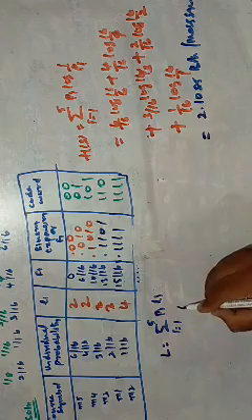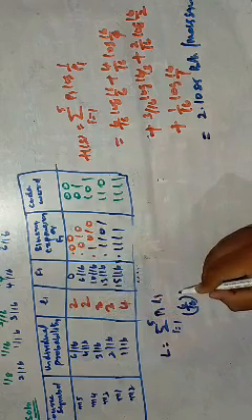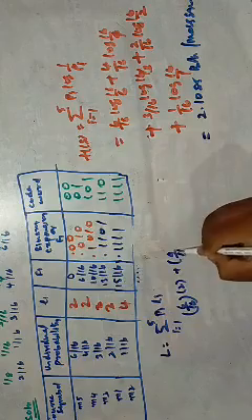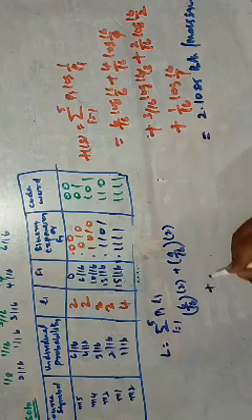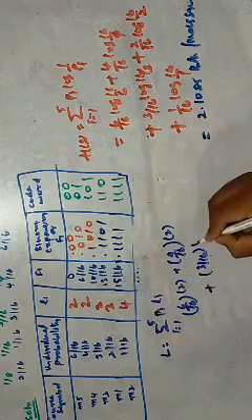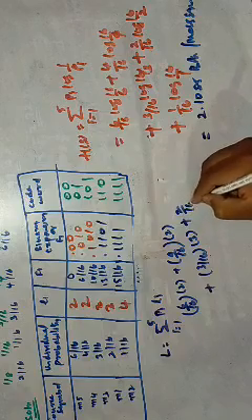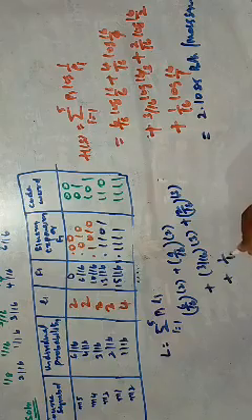So what is p1? 6 by 16 into L1. The length of the code for 6 by 16 is 2, plus 4 by 16, that is p2. For that we have code word length 2, plus 3 by 16. For that we have code word length 3, plus 2 by 16. For that we have code word length 3, plus 1 by 16.